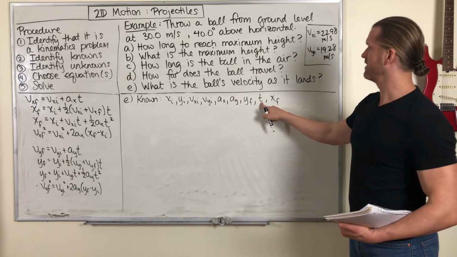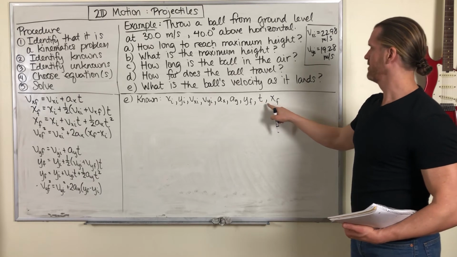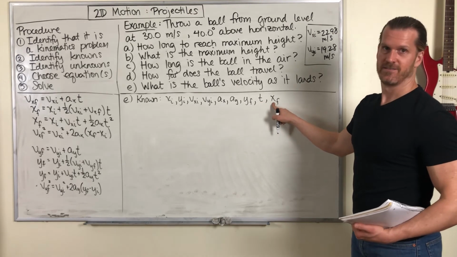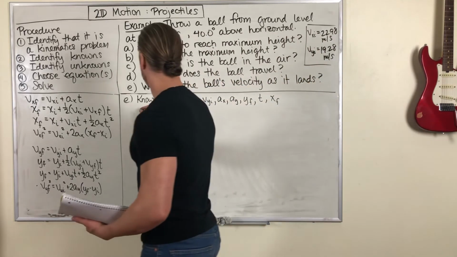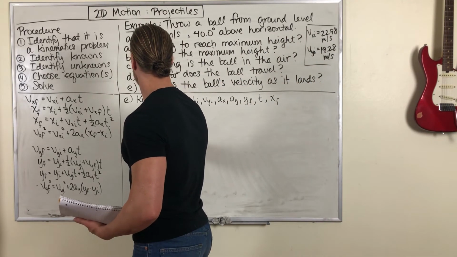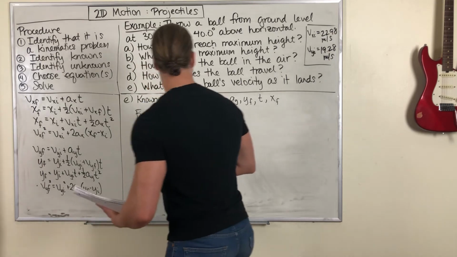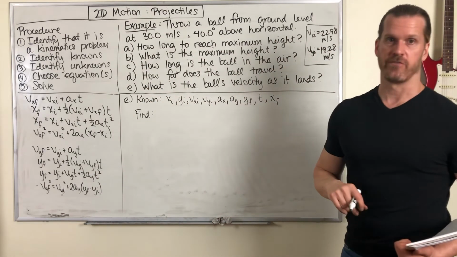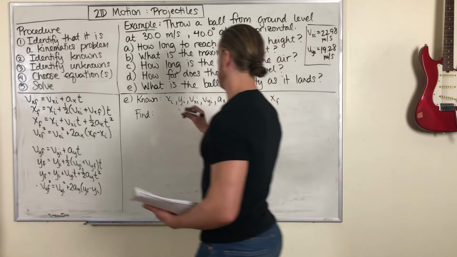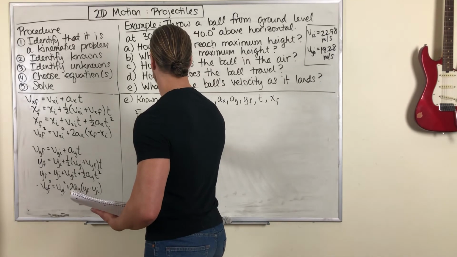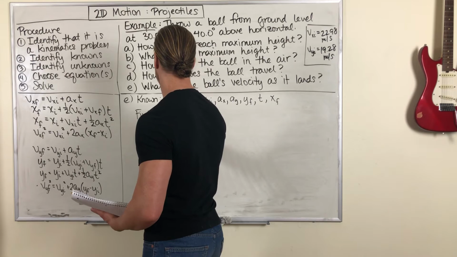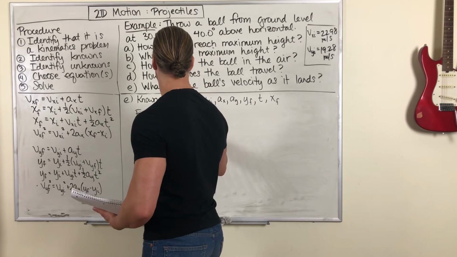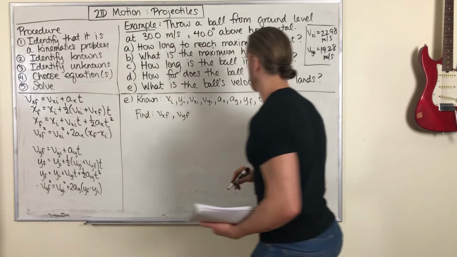We found T in part C. We found X final in part D. What's our unknown? What are we trying to find? Well, we're actually trying to find two things. We're trying to find Vx final and Vy final.